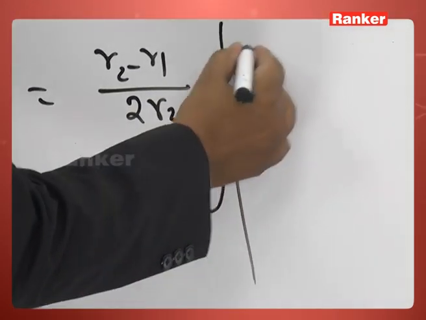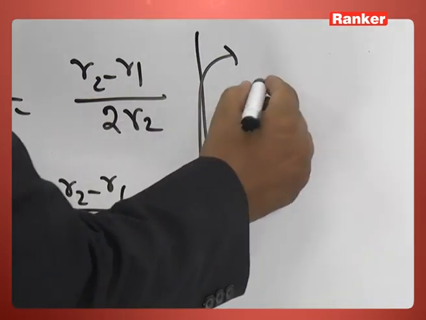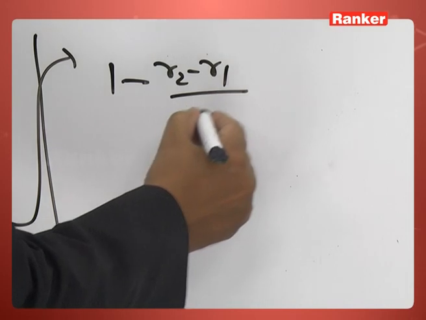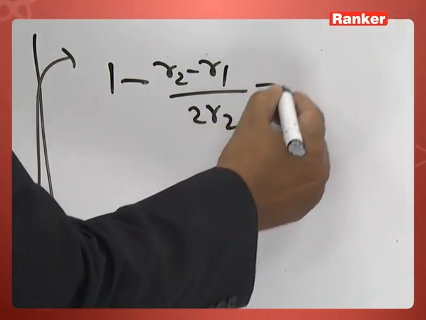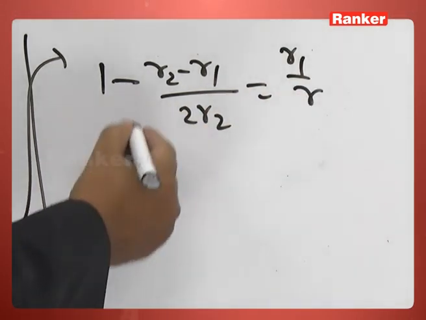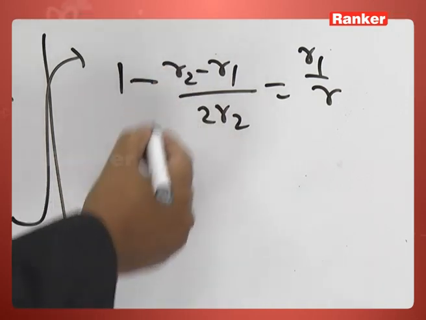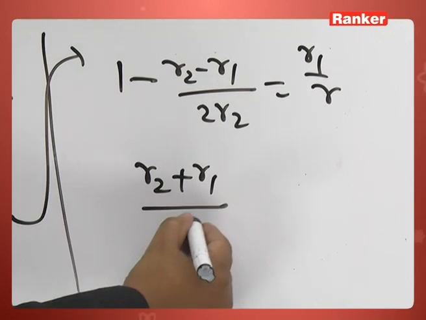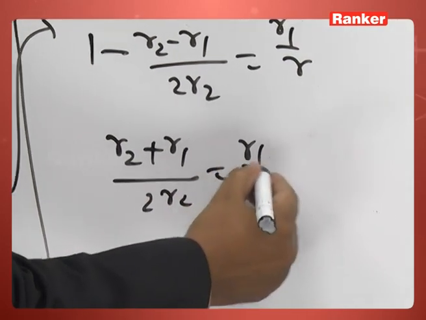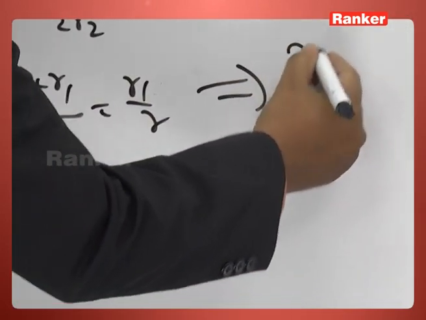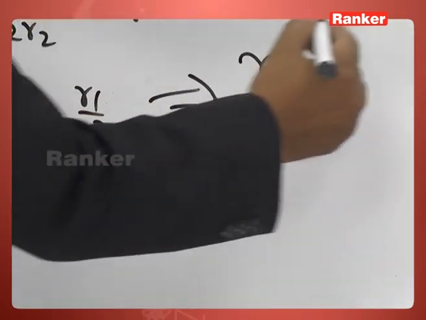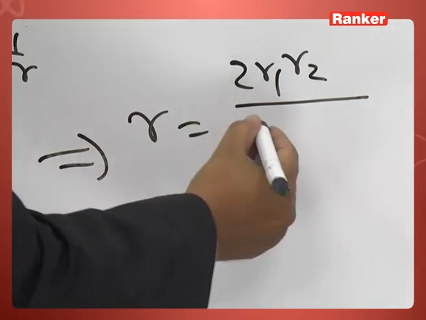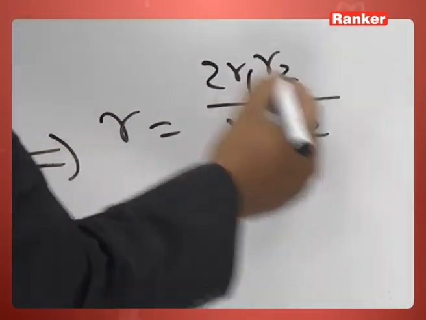Then again we put 1 minus (R2 minus R1) by 2R2 as R1 by R, that is 2R2 minus R2, only (R2 plus R1) by 2R2, that is R1 by R, which implies R will be equal to 2 R1 R2 by (R1 plus R2).